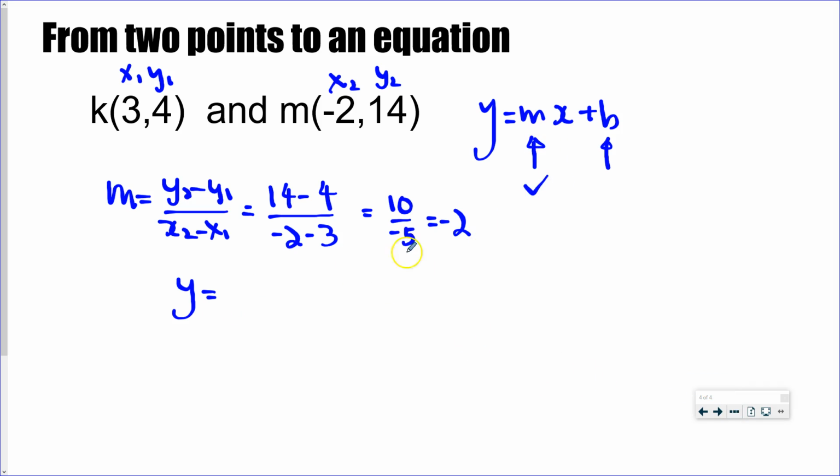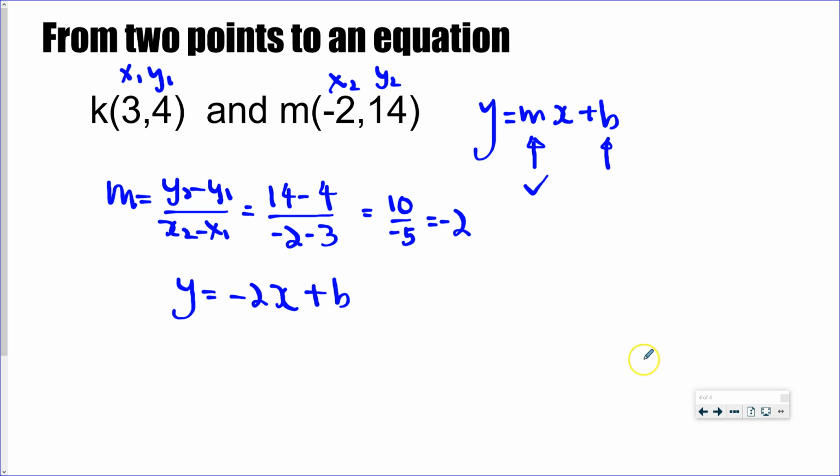So we have m now, which is equal to -2, x plus b. So if you remember in class, I would say out of these 2 points, we are just going to pick one that we like. Because if we pick the one we like, then we will have this x and that y turn into numbers. Okay, so the only variable missing is going to be your b.